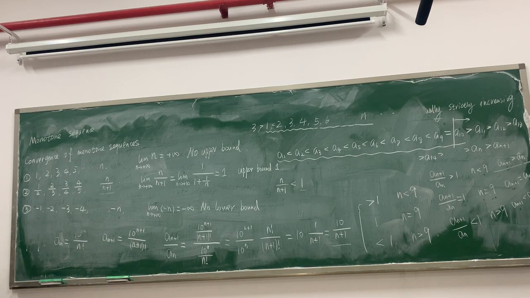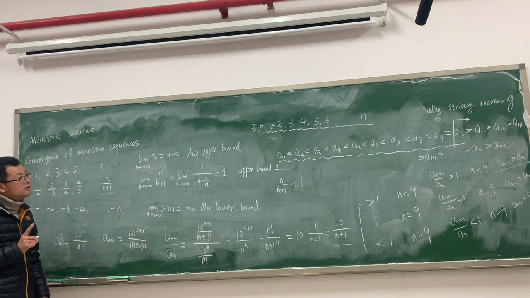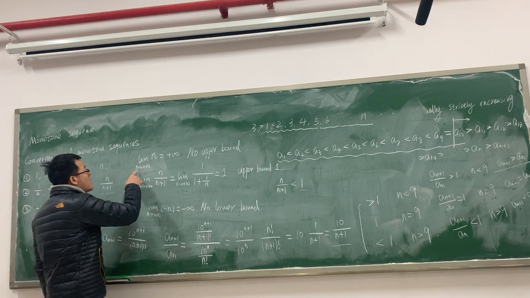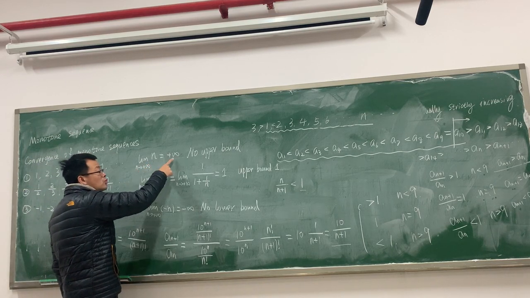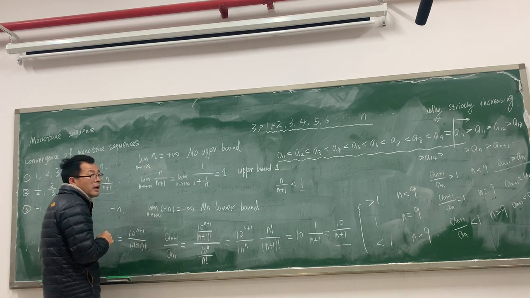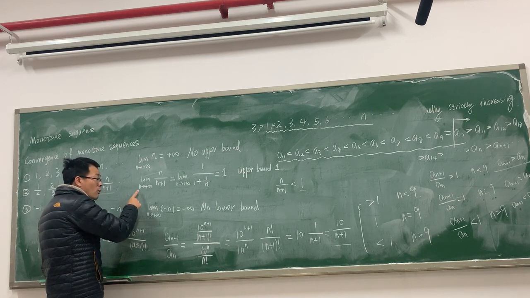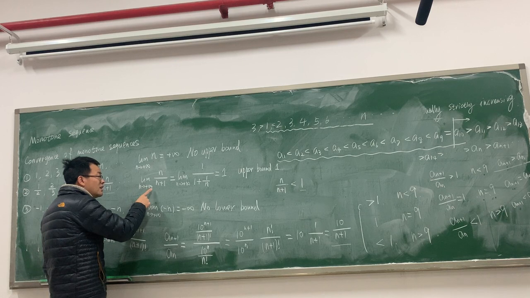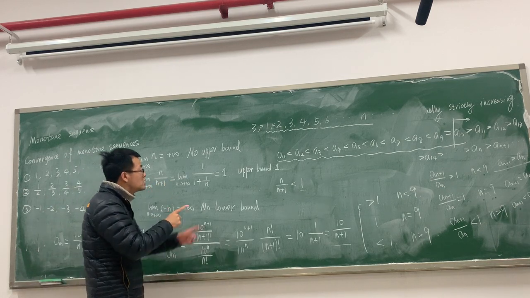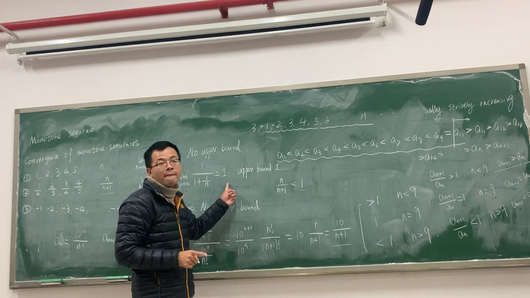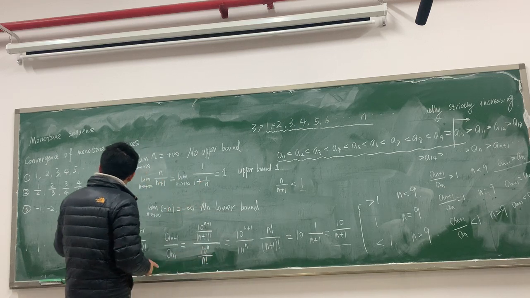The no upper bound case is when n approaches plus infinity, an approaches plus infinity. And for the second case, when n approaches plus infinity, an approaches some constant. Yes. Okay, so this is the second.